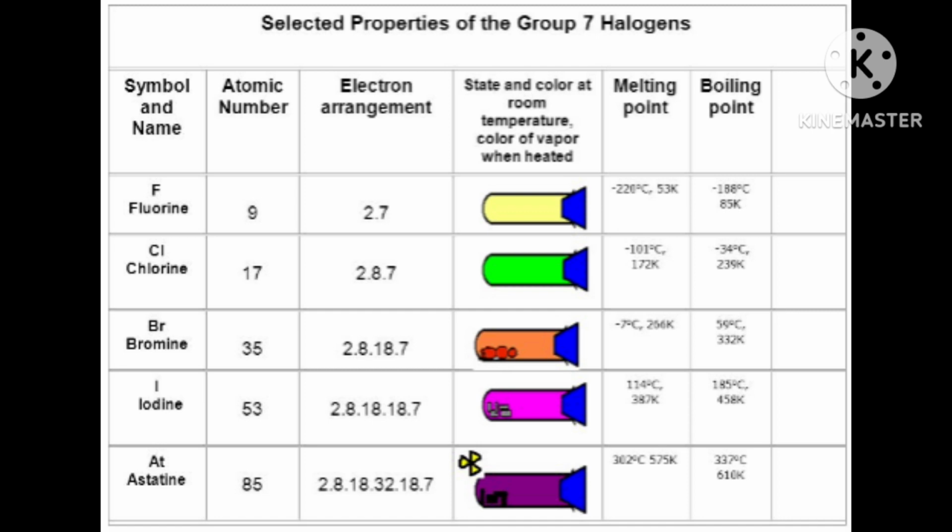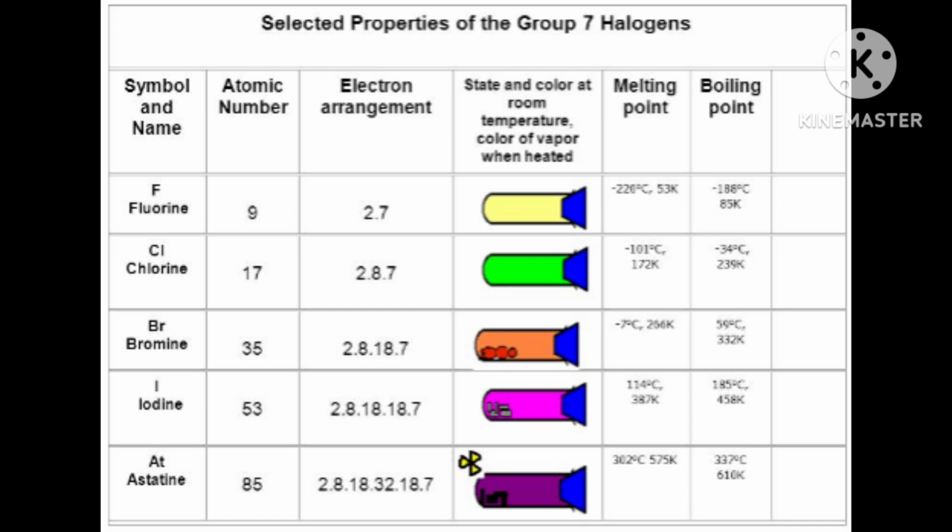Atomic and ionic radii, again I am giving focus on that. The halogens have the smallest atomic radii in their respective periods.